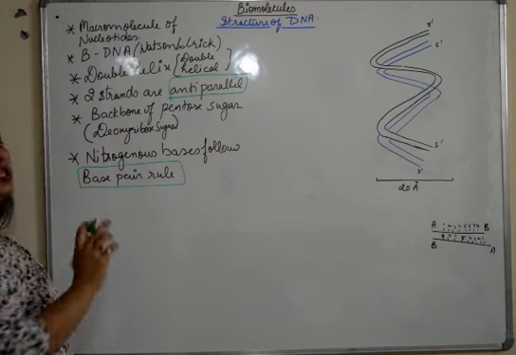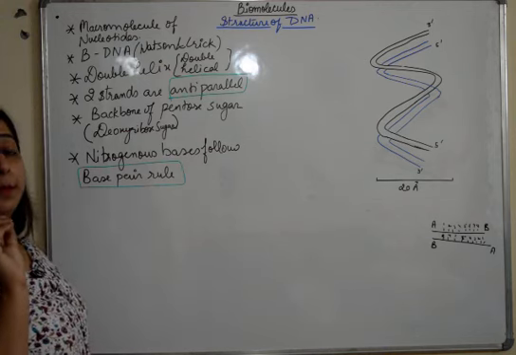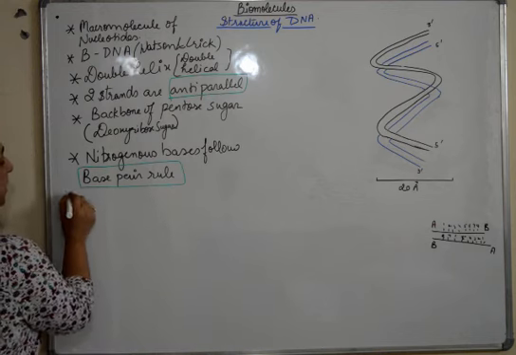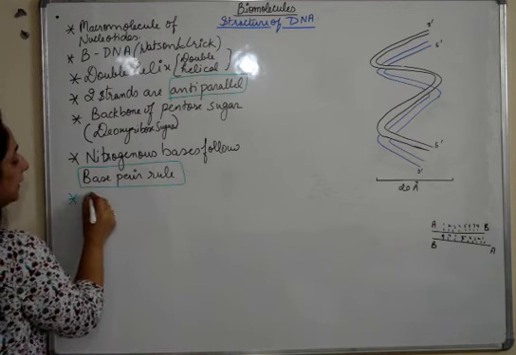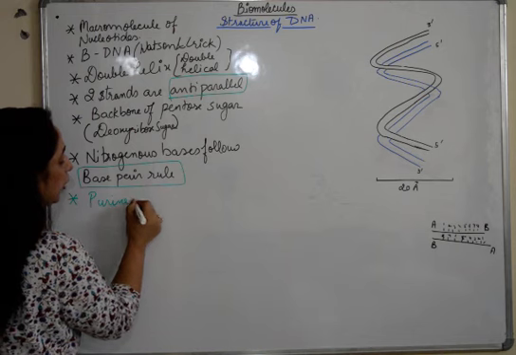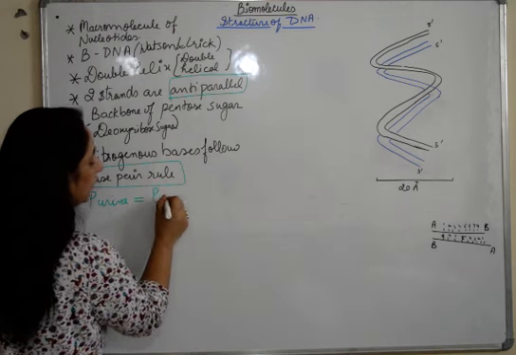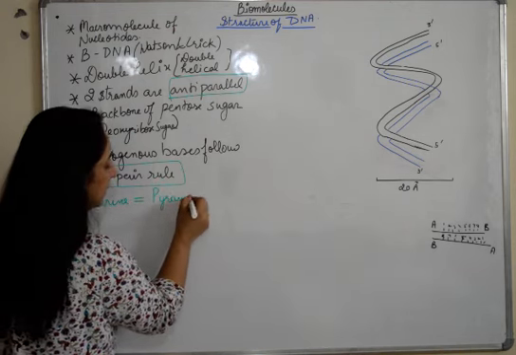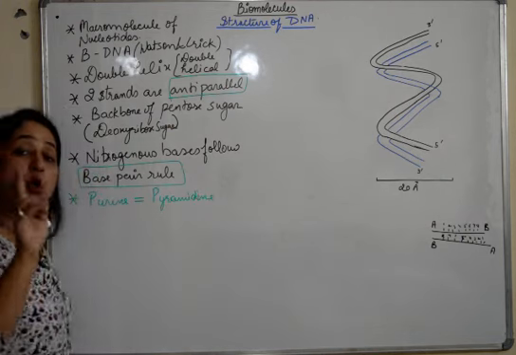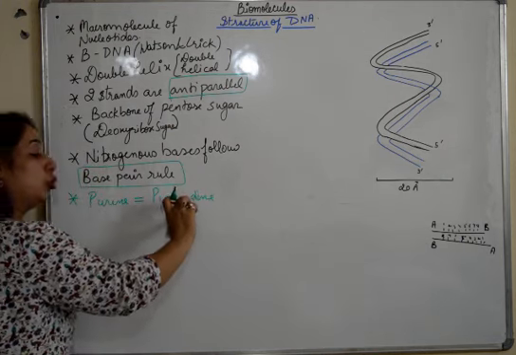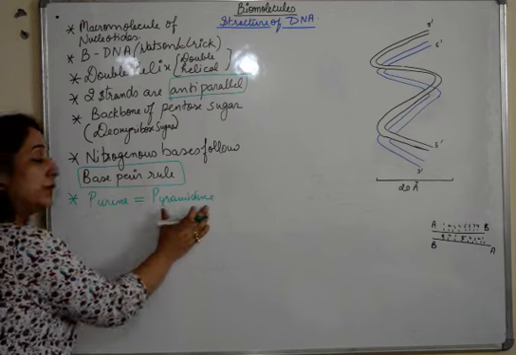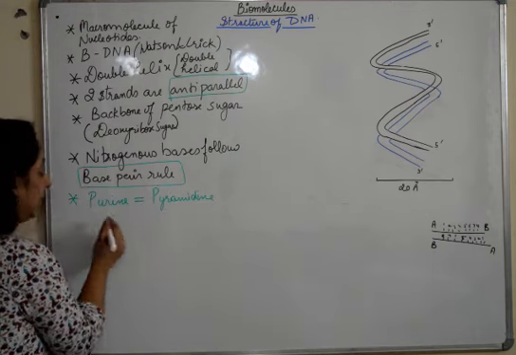So these nitrogenous bases follow the base pair rule, which says the first thing is that a purine will always bond with a pyrimidine. There will be no bond between two purines or two pyrimidines. A purine is always going to bond with a pyrimidine.